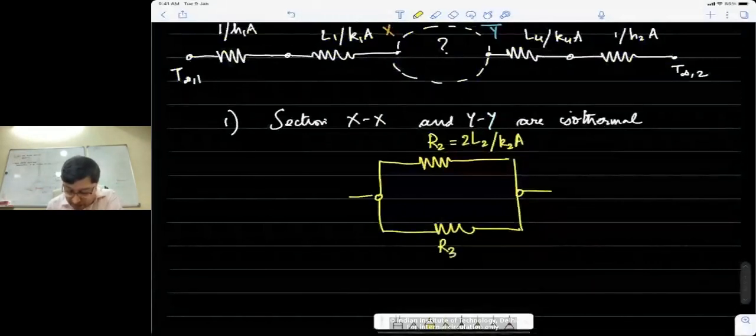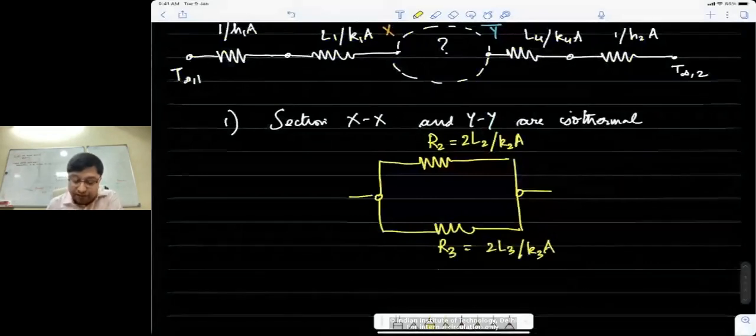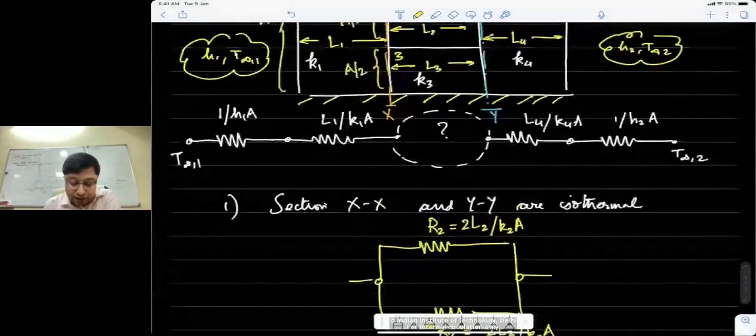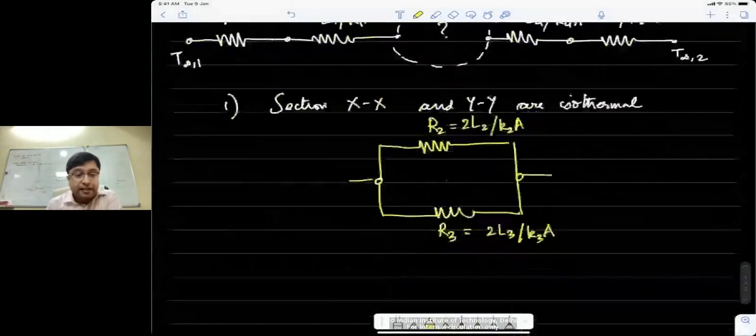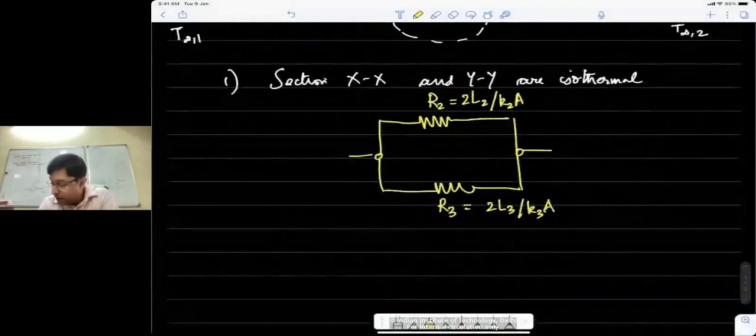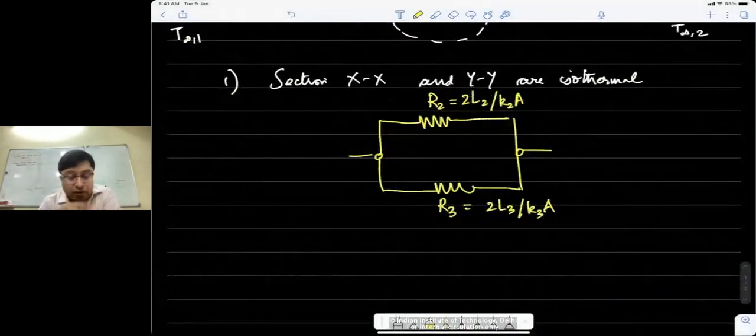Similarly, R3 will be 2L3 by K3A. Remember, it's a cross section area, so area is A by 2. So we get this 2 in the numerator, not because it's twice the resistance, but just because the area is half.